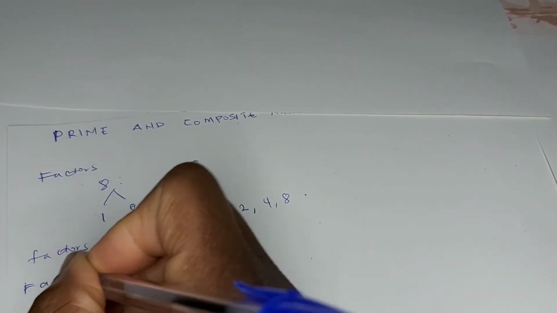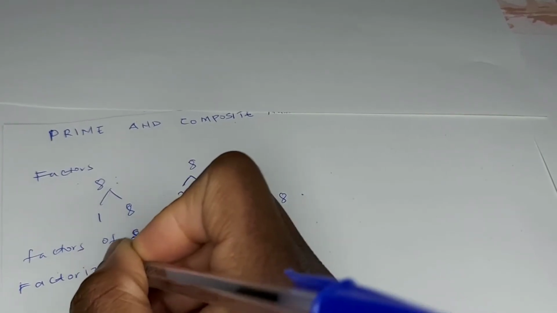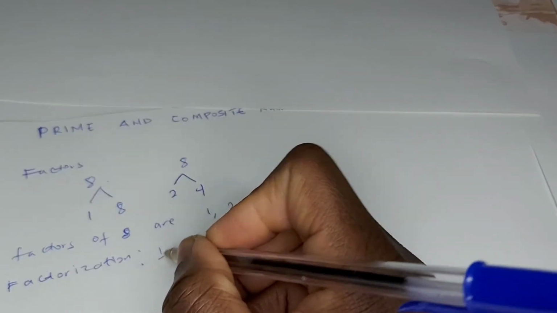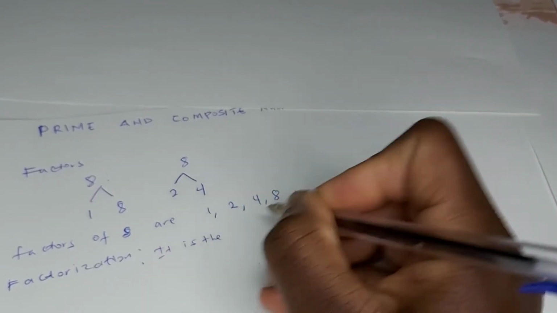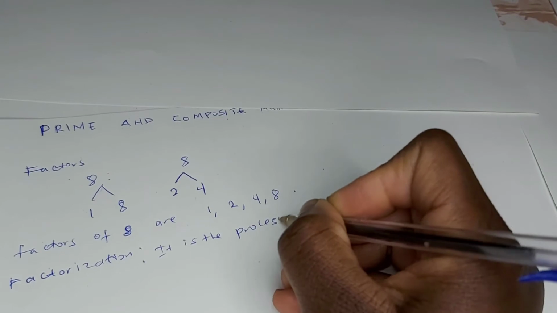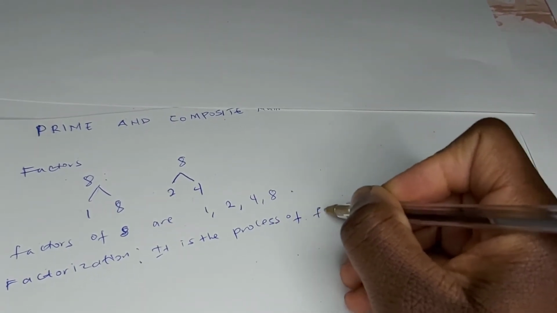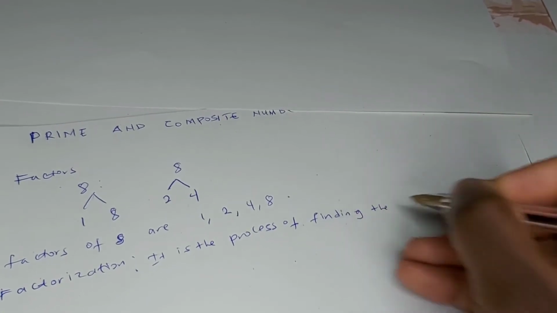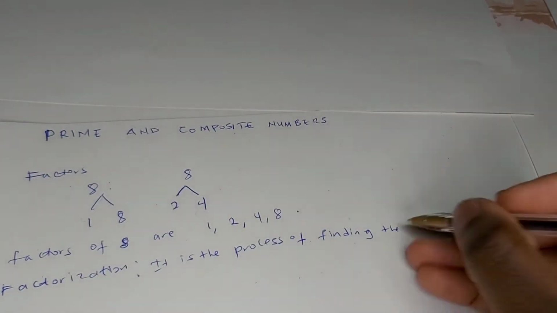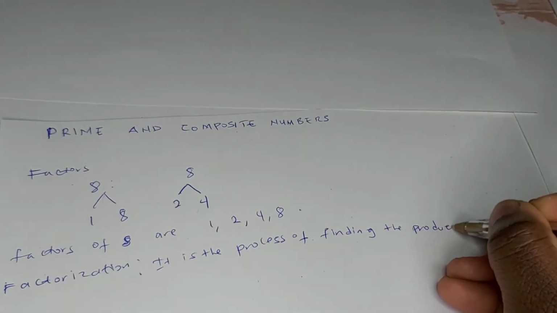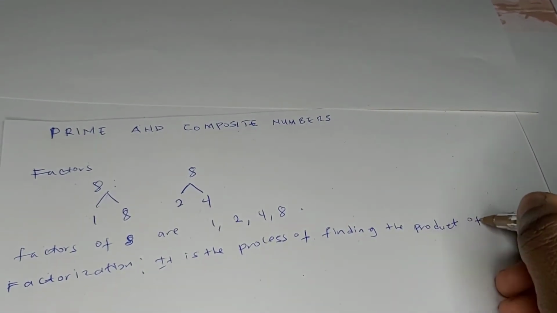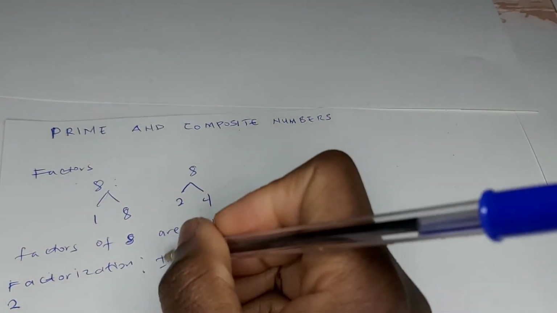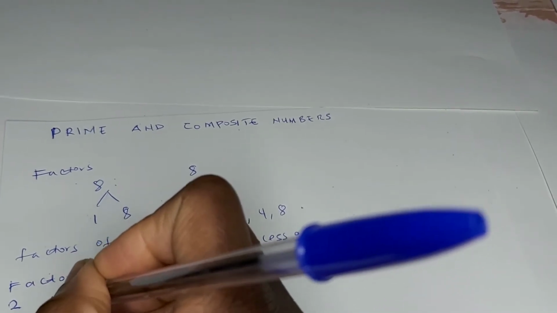Factorization is the process of finding the product of two numbers.